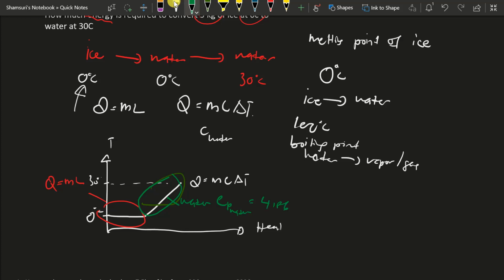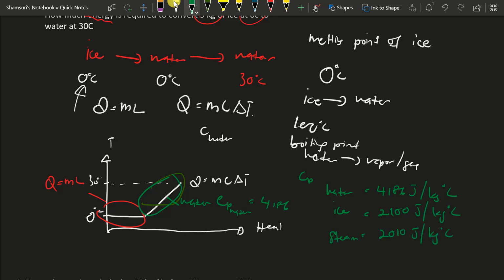We know that previously, and in my class, I have also written that Cp for water is 4186 joule per kilogram per degree, for ice 2100 joule per kilogram per degree, and for steam or vapor 2010 joule per kilogram per degree.